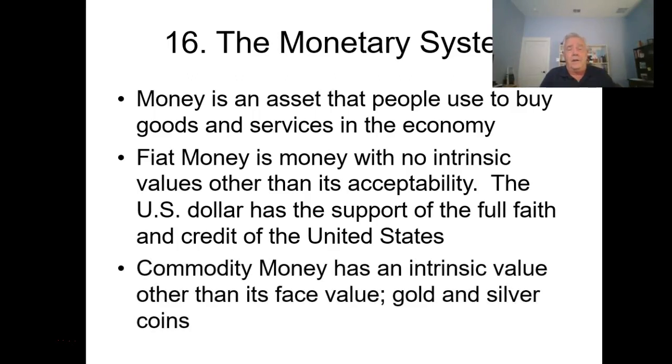Then there's commodity money. This stuff has intrinsic value. This is gold and silver coins, for instance. So commodity money has an intrinsic value, fiat money does not. And that's the difference between the two. You don't see too much gold and silver in circulation anymore. It's pretty much all been replaced. It's a collector's item for a lot of people.